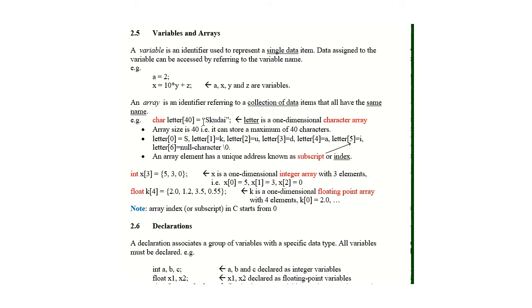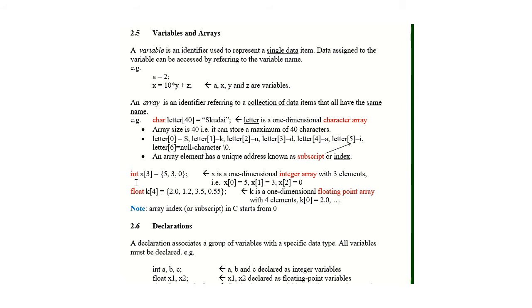To access the elements of the string constant, we use the subscript or index, the array index. For example, S is stored in letter[0], K is in letter[1], so these numbers are all the index or subscript of the array.